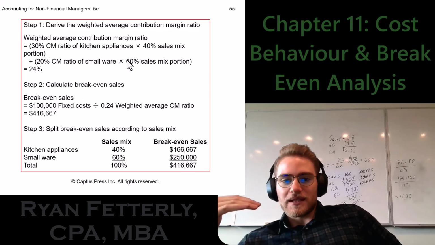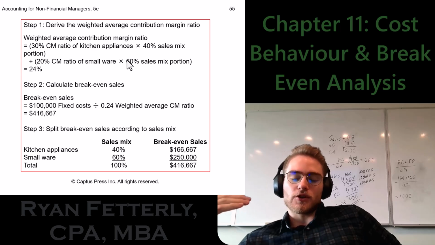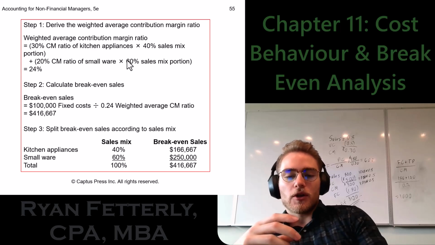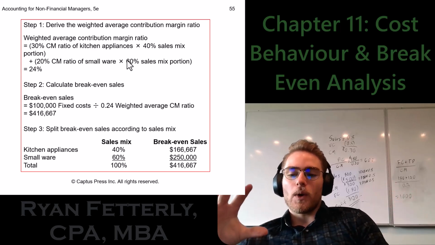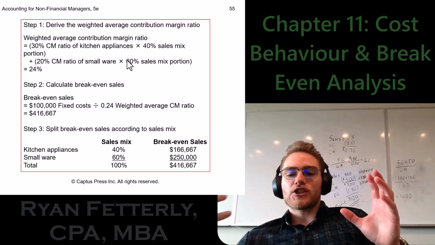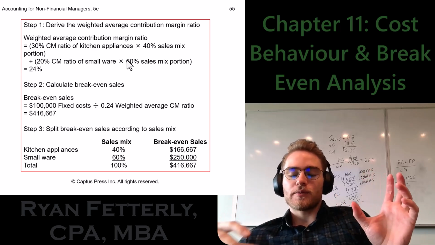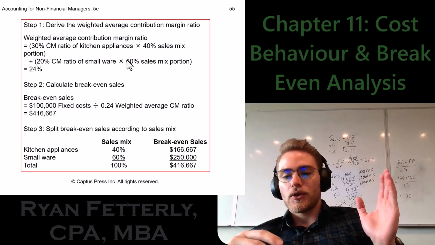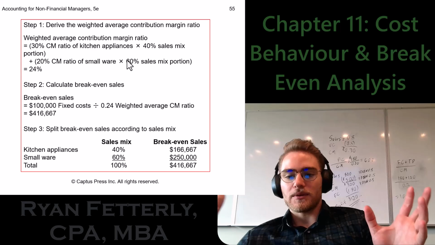Step 1, what we have to do is basically derive the weighted average contribution margin ratio. So the weighted average contribution margin ratio is going to be basically, okay, what is our contribution margin, right? And then what is the weight of the product line? So our kitchen appliances do 30% contribution margin, and 40% of our sales come from kitchen appliances. So we put that together, 30% times 40%, right?